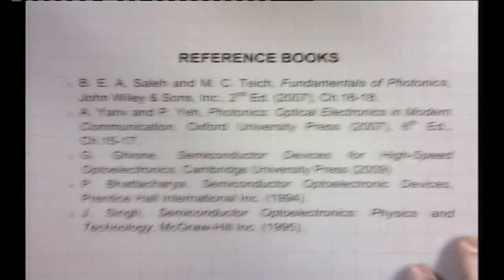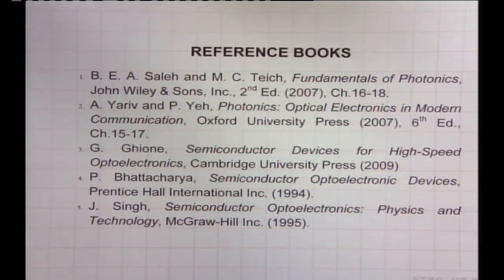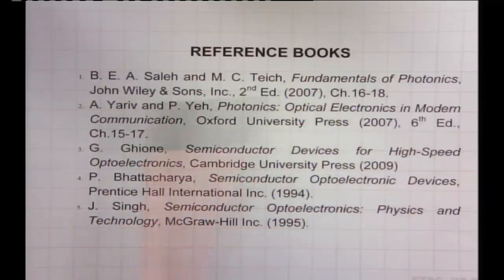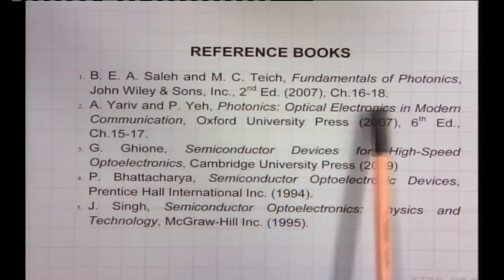The reference books. Here are some of the references which are listed. There are a large number of books in the area of optoelectronics. So, I have listed some of the important textbooks, namely Fundamentals of Photonics by Saleh and Teich, chapters 16 and 18.